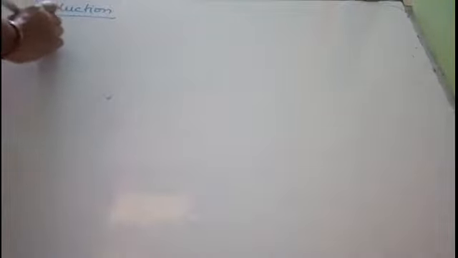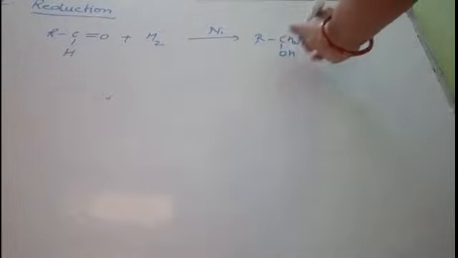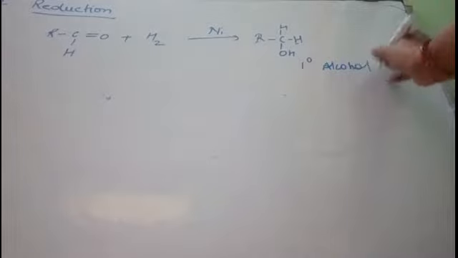So let us first study the reduction of aldehydes. When aldehydes are reduced, they form, as I have told you, primary alcohol, right? You can write it in this form. So primary alcohols are formed. Let us take an example.